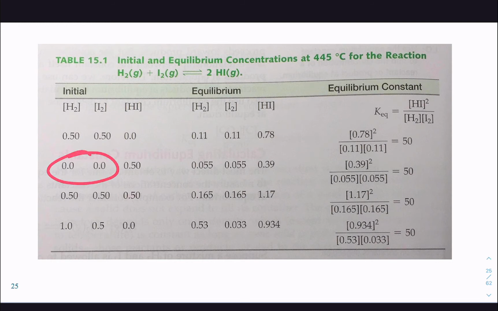But if we start with none of the hydrogen and iodine and instead start with 0.5 molar hydroiodic acid, let this reaction sit for a while, come to equilibrium, we would get 0.55 molar hydrogen and iodine because some of that reverse reaction would happen. And we'd be left with 0.39 molar hydroiodic acid. If you plug all those numbers in, you'll still get an equilibrium constant of 50. So no matter how you set these up, right, 0.5 molar of all of these, or 1 molar of this and 0.5 of that, these numbers will always come back to 50 when you plug them into the equilibrium constant expression.